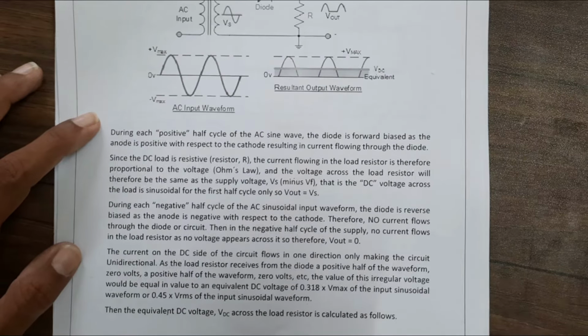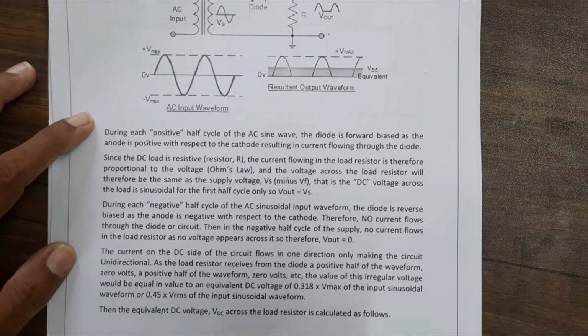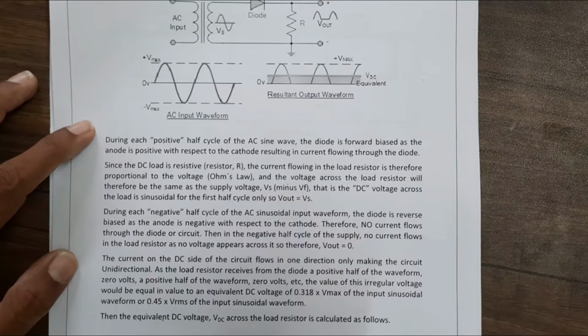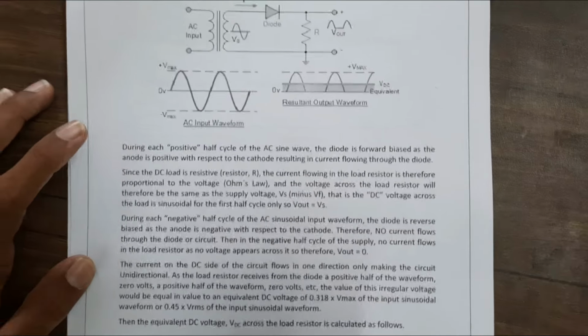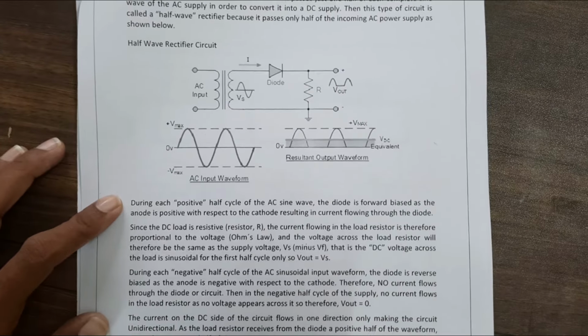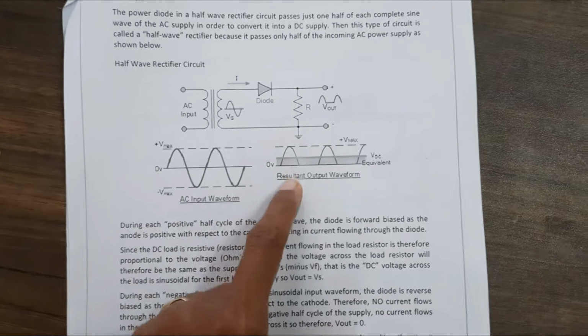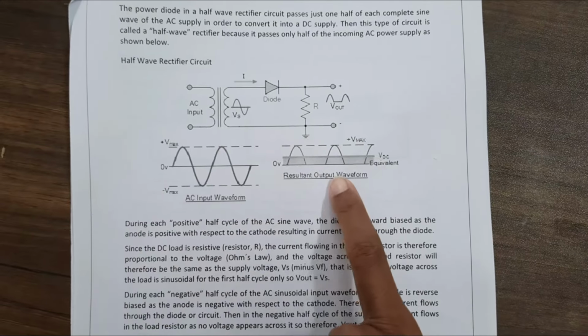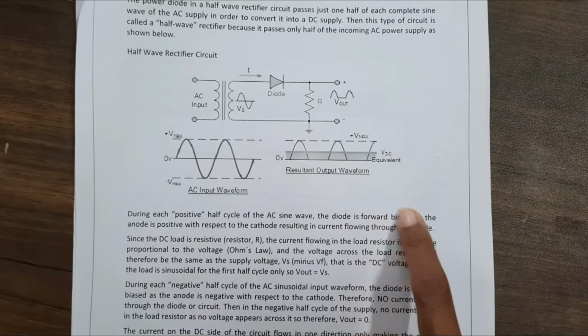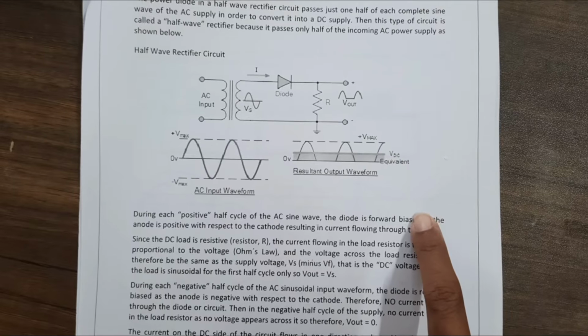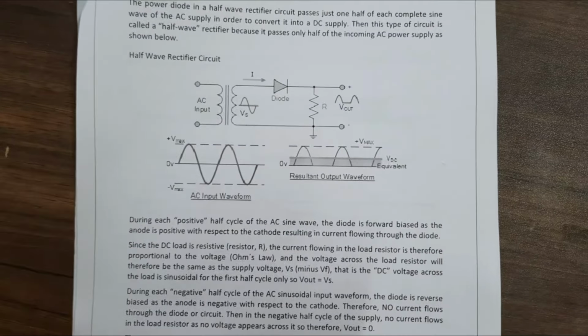If we are dealing with the positive half cycle, then the diode is in forward bias. If we come across the negative half cycle of the AC sinusoidal wave, then the diode is in reverse bias.